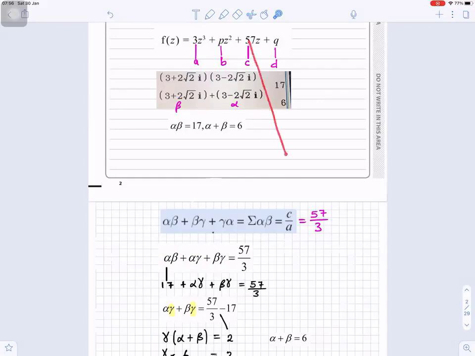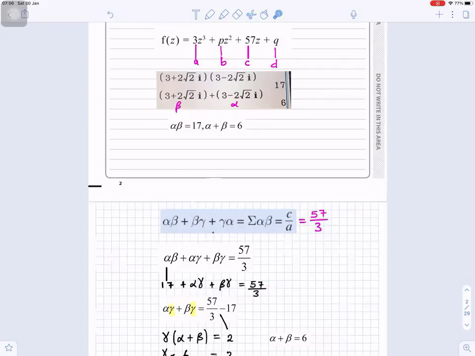Now we know alpha beta is 17, so we substitute 17 for alpha beta. So that means 17 plus alpha gamma plus beta gamma is equal to 57 over 3.